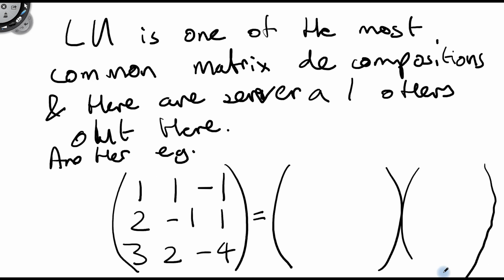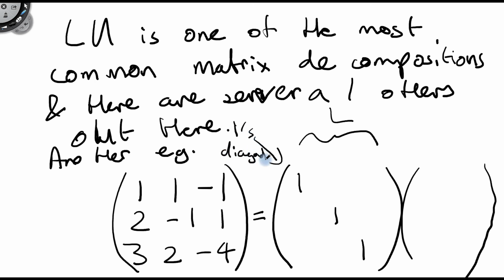So we've got the L matrix. So L always has ones. This form of L anyway has ones on the diagonal, whereas the U matrix doesn't necessarily have ones. It normally has something other than one.